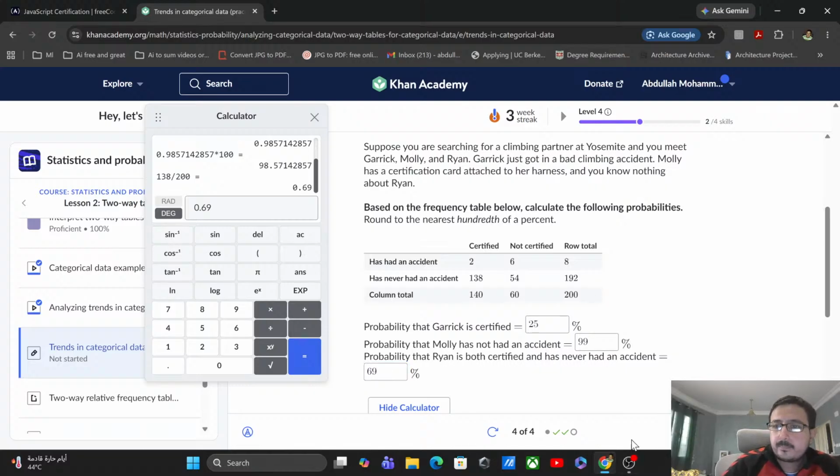Check. Probability that Ryan is both certified and has never had an accident: 138 out of the whole total. So this is 69.